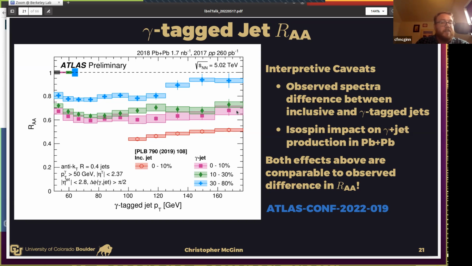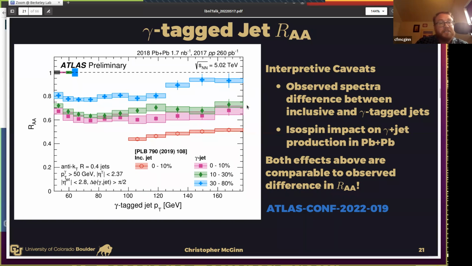So the important thing to say there is the effect of the spectral difference is about the same in magnitude as the difference we see. Now, there's a second component, which is isospin can have an impact on the gamma jet production in lead. And I think it's the opposite sign effect. But once again, it actually has a magnitude on this measurement about the same as the gap difference.